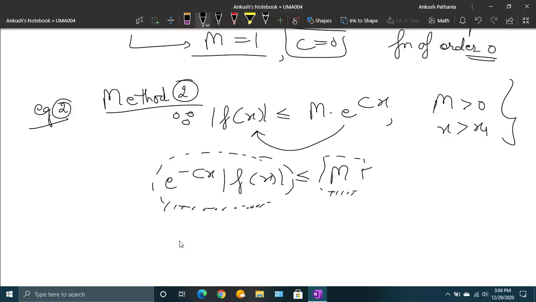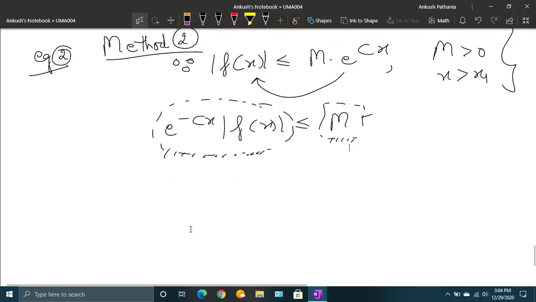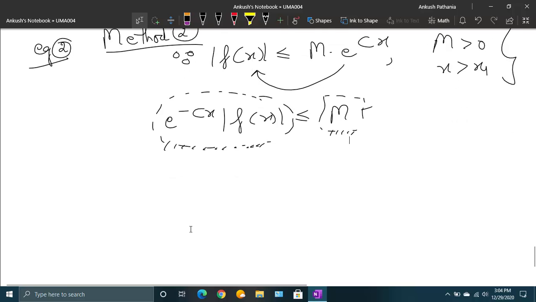So that is our second method. So let us check, applying this for the function f(x) equals cos x.